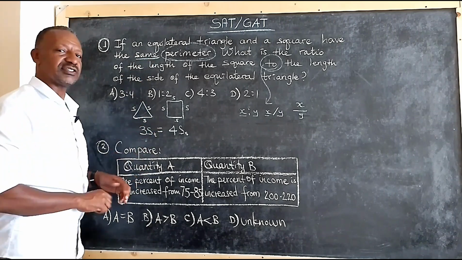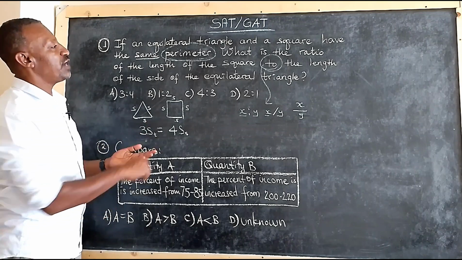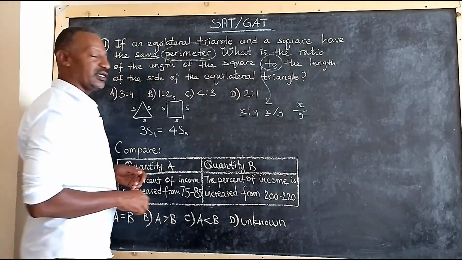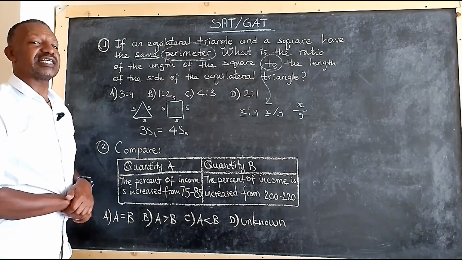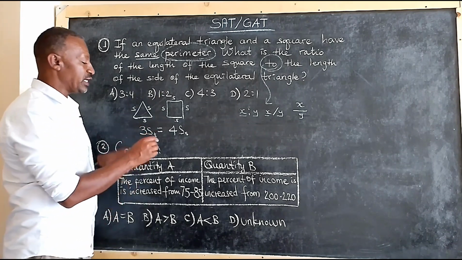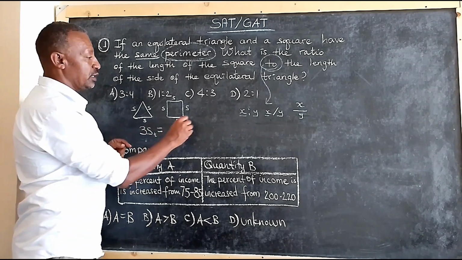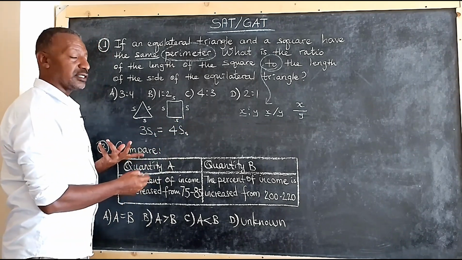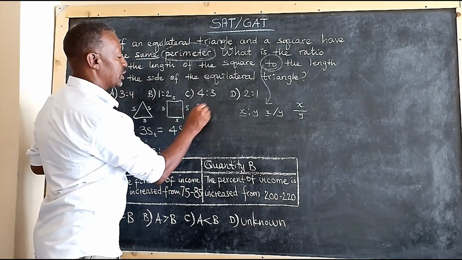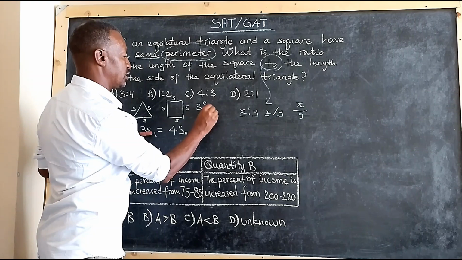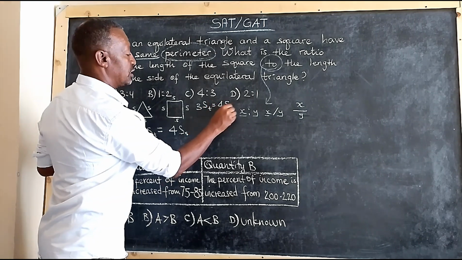The same means they are equal. The question is, find the ratio of the sides. In order to find the ratio, first we have to find the sides, and to do that we have to analyze this equation. The equation has been put like this: 3 times the side of the triangle is equal to 4 times the side of the square.